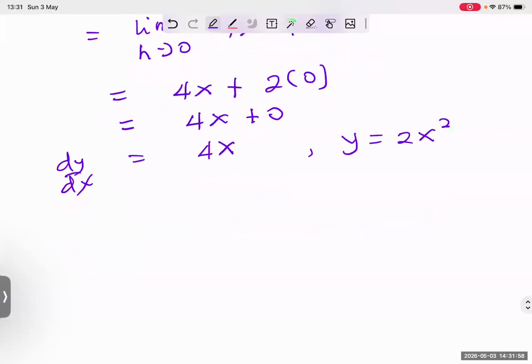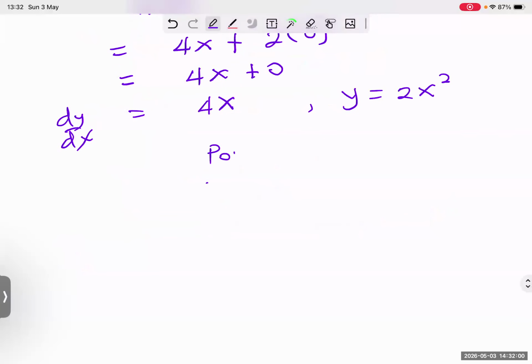And so to use the power rule of differentiation, because the function is in the power form, we have dy/dx is equal to multiply the power by the coefficient of the x. The coefficient of the x is 2. So multiply the power, which is 2, by the 2, and the answer will be 4x.